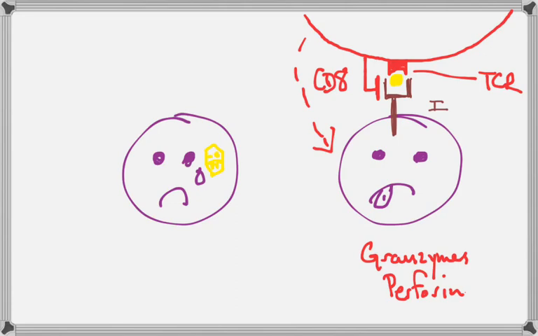We have a lovely backup system to deal with this, and that backup system are the NK cells. NK cells, we said, have two different types of receptors. They've got an inhibitory receptor and an activating receptor.